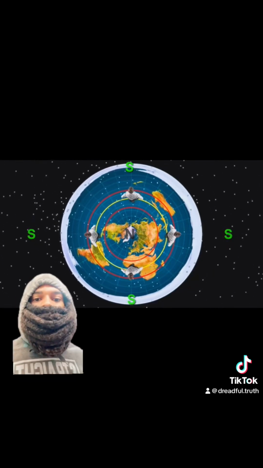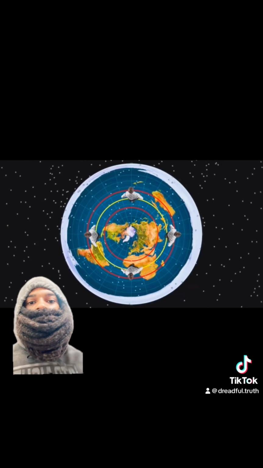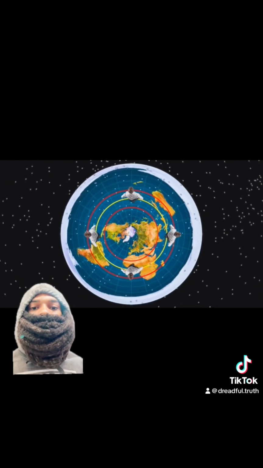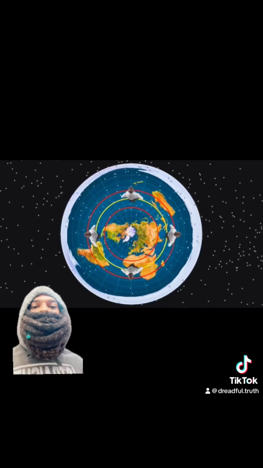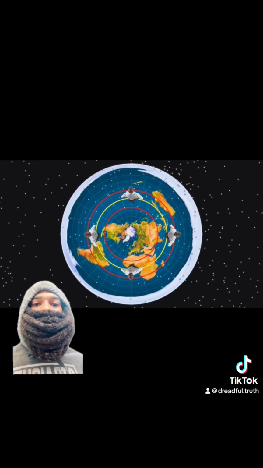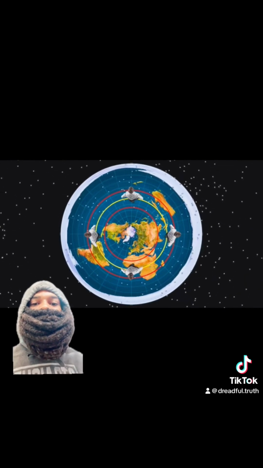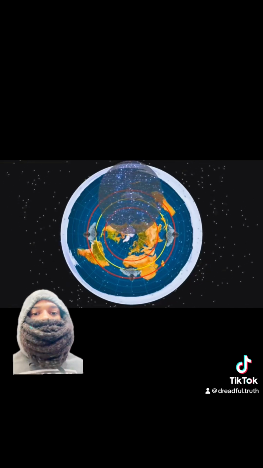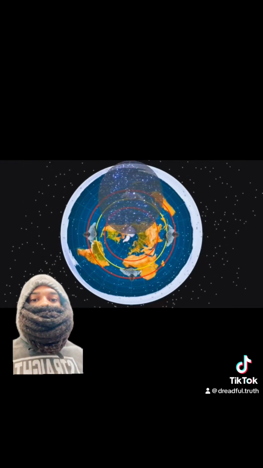Based off of scale, perspective, and horizon, you're only going to see a portion of the stars. Based off of scale, perspective, and horizon, there's no possible way that you will be able to see the North Star from Sydney, Australia. That's literally common sense.